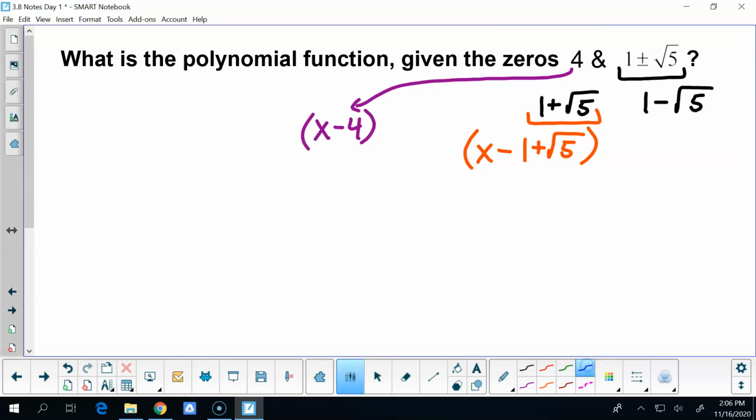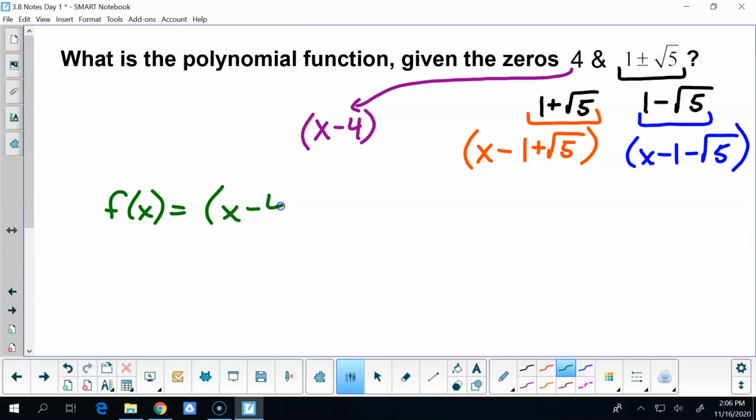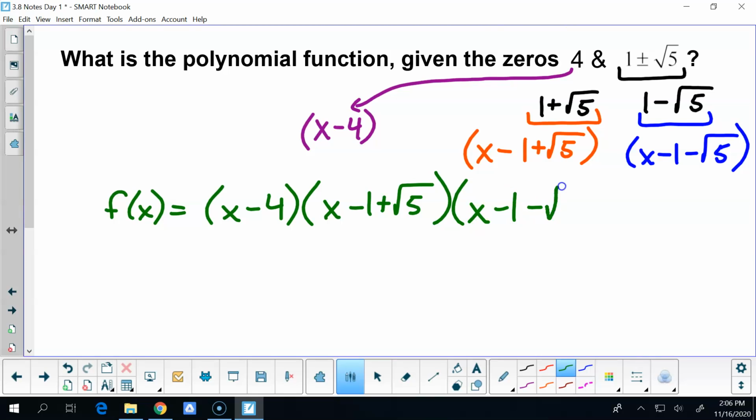This one gives me a factor of x minus 1 minus the square root of 5. And again, we multiply all of those factors together. So my polynomial function is going to be x minus 4 times x minus 1 plus the square root of 5 times x minus 1 minus the square root of 5.